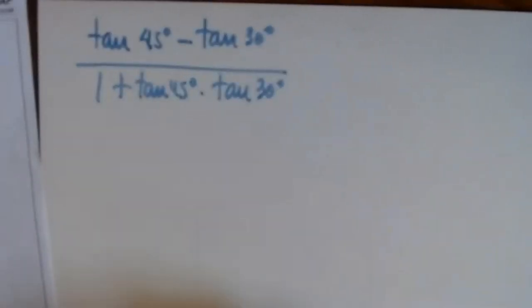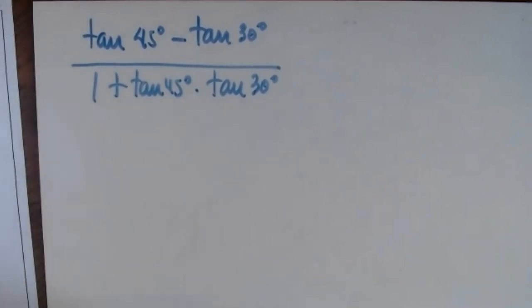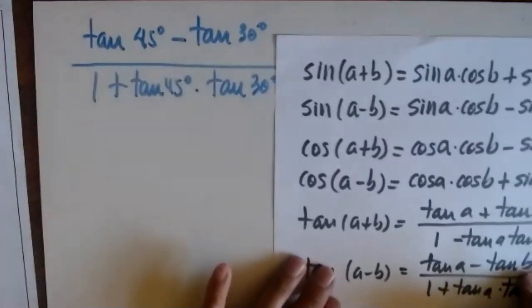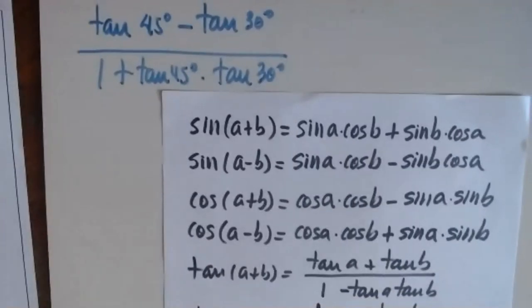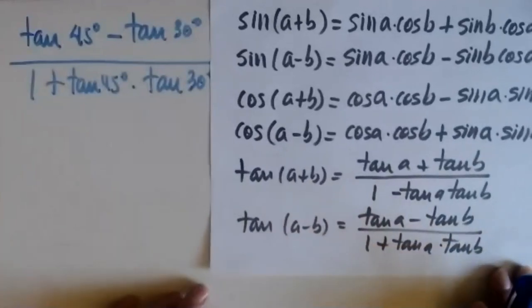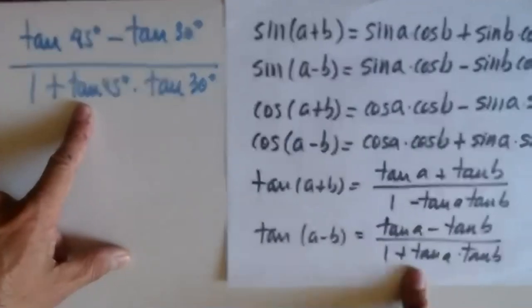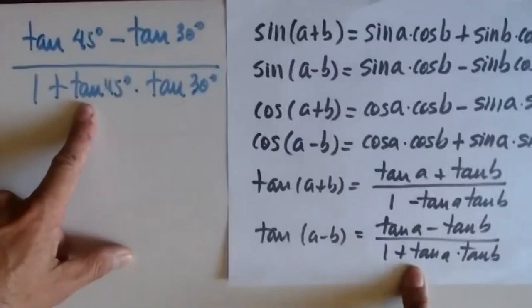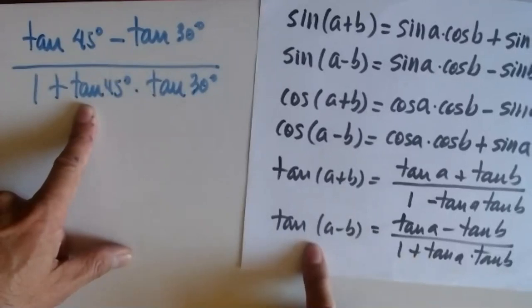Now, I have to reduce that monster. No problem, I have my formulas to kill monsters. I have to check which of these formulas is going to help me. This looks like the formula for tangent of A minus B.